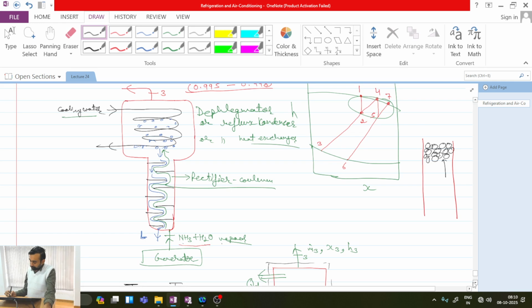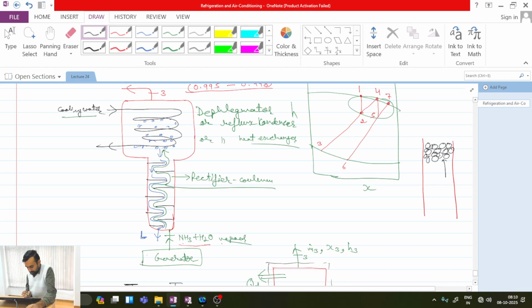Now, one important point we need to observe. You see, in this generator, ammonia plus water vapor is leaving. But what is coming to the generator? Usually in the generator, what comes? Can you tell me?